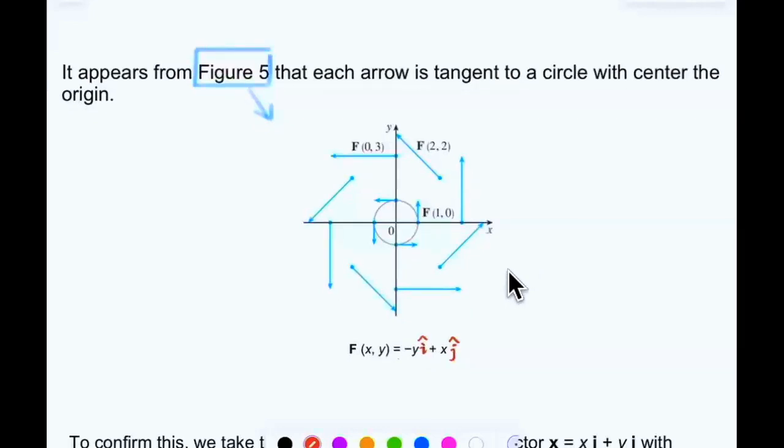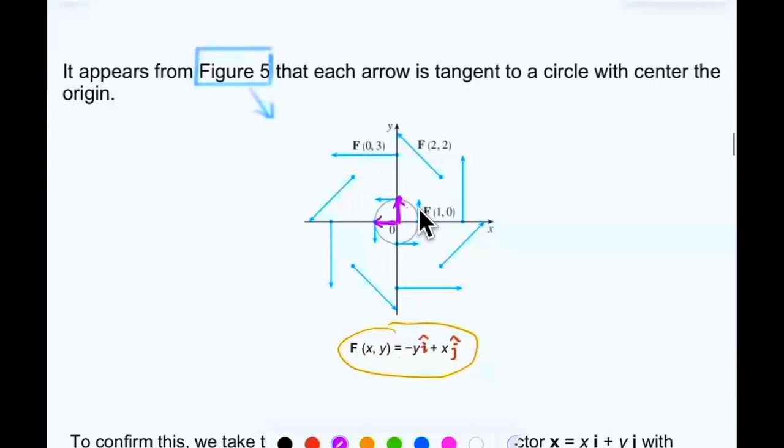Here is the vector field. And for the circle over here, at this point, we want to see that the vector is tangent to the circle. Now think about the position vector of this point, and the position vector of that, and that, the position vector x bar.